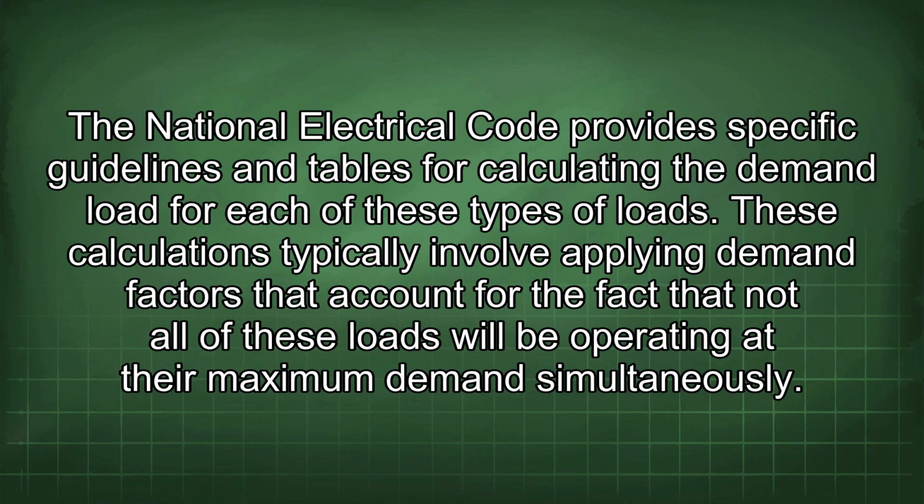The National Electrical Code provides specific guidelines and tables for calculating the demand load for each of these types of loads. These calculations typically involve applying demand factors that account for the fact that not all of these loads will be operating at their maximum demand simultaneously.